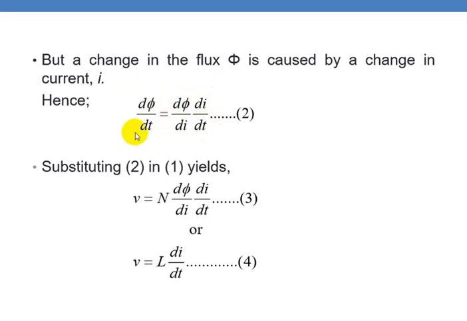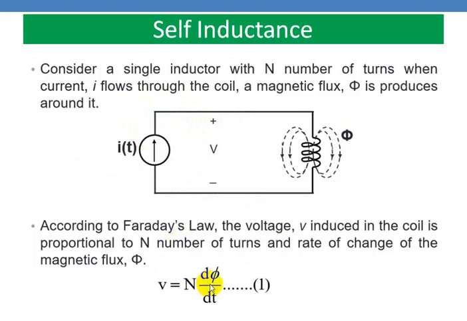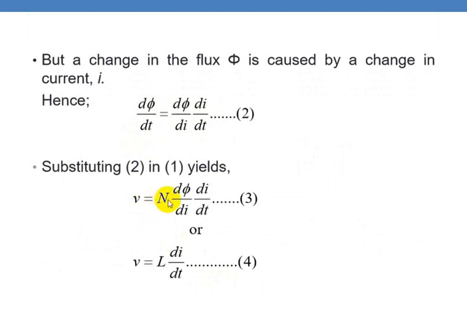So now we will substitute this d phi by dt in equation 1. So you get V equal to N into d phi by di into di by dt. So also we know that V is equal to L into di by dt. So you compare these two equations, 3 and 4.